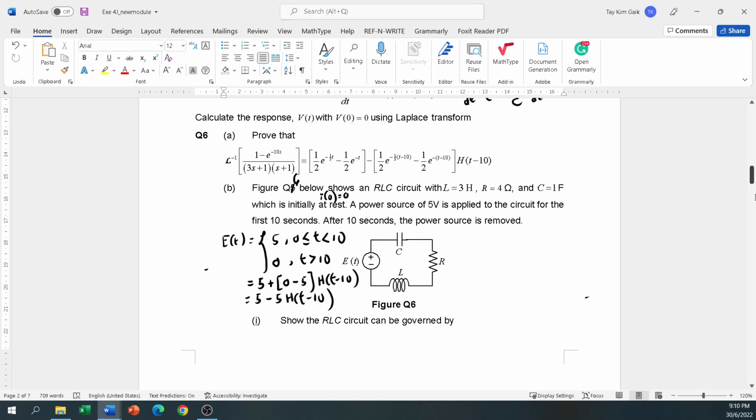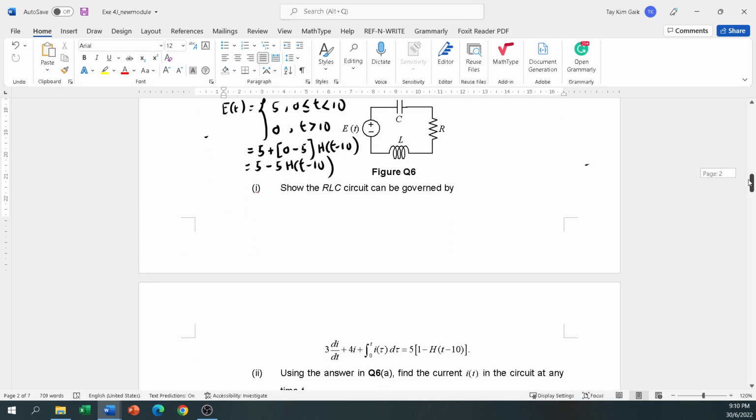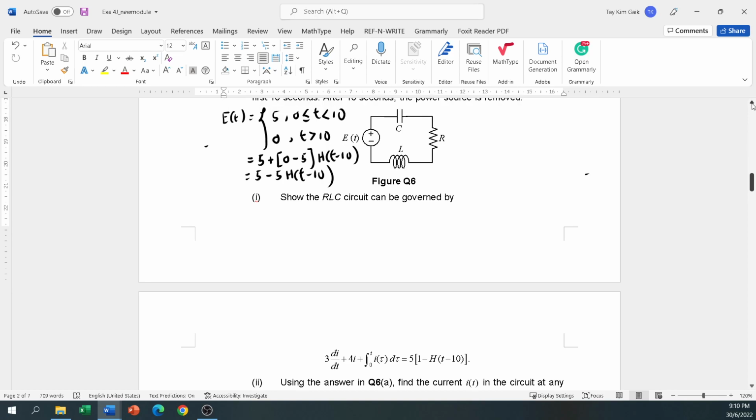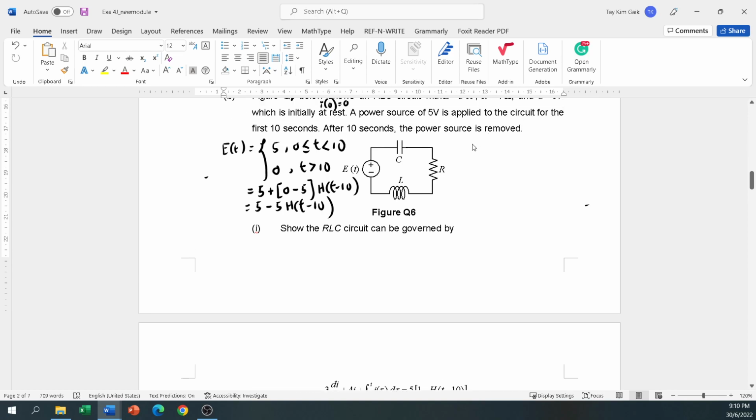Show that the RLC circuit can be modeled. Here on the right-hand side you get phi minus phi ht minus 10. This is an RLC circuit, using Kirchhoff's voltage law. VL is the voltage across the inductor, plus VR, the voltage across the resistor, plus VC, the voltage across the capacitor, equal to ET.